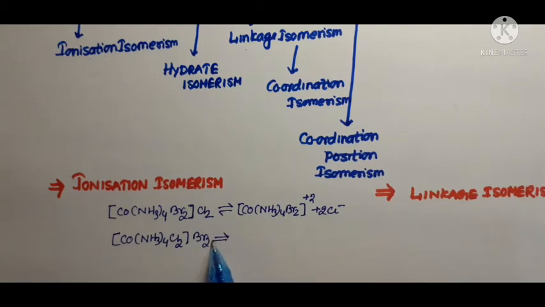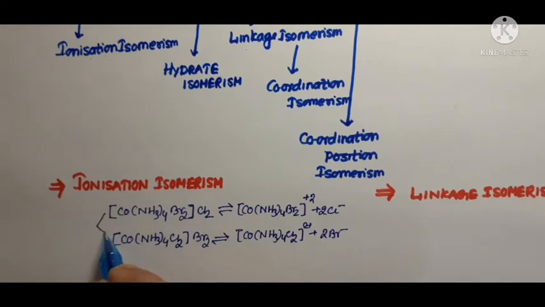So when it dissociates, it releases [Co(NH3)4Cl2]+ and 2 Br minus, which means these two have the same molecular formula but produce different ions.